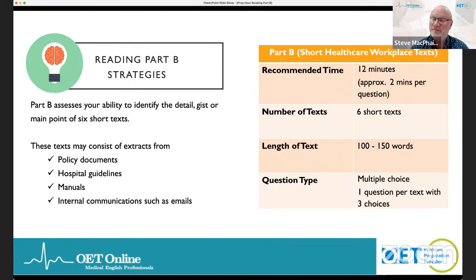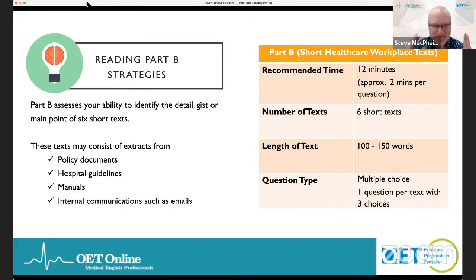You'll also find some internal communications and emails where you've got to identify the purpose of those emails or reason for writing. And the good thing about these texts is they're not as dense as reading part C, where it's a lot more about opinions and deeper meanings and analysis. No, it's not like that in part B.